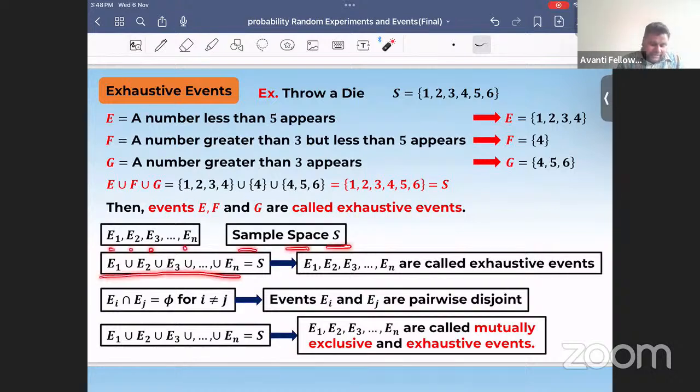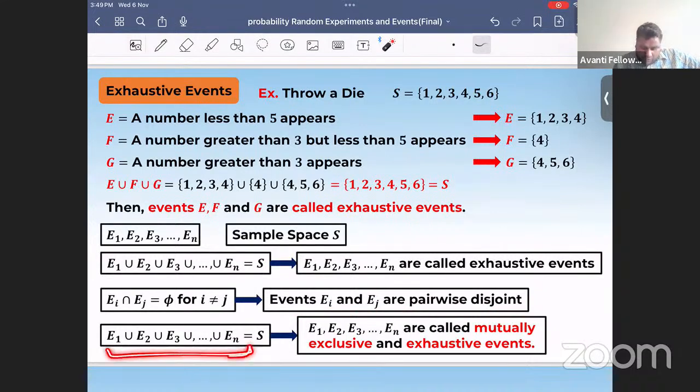So E1, E2, E3, En are events of the sample space S. If their union is the sample space S, then E1 to En are called exhaustive events. Got it? If Ei intersection Ej is phi for i not equal to j, meaning their pairwise intersection is phi and they do not have anything in common, then the events Ei and Ej are pairwise disjoint.